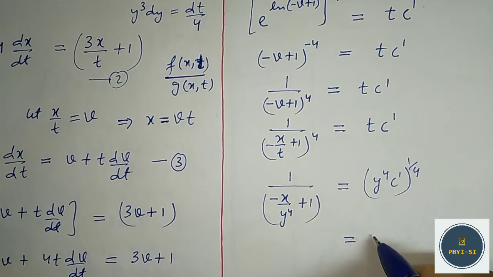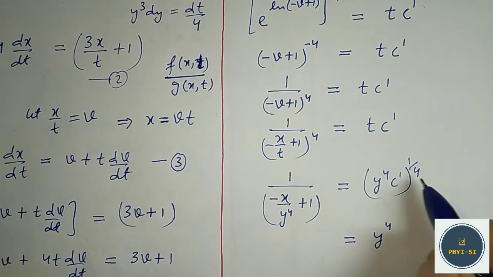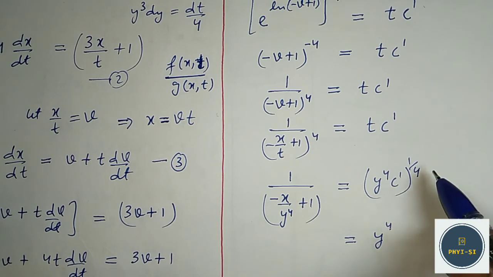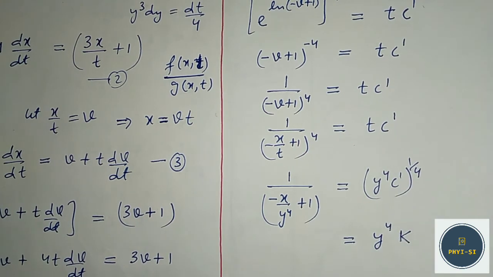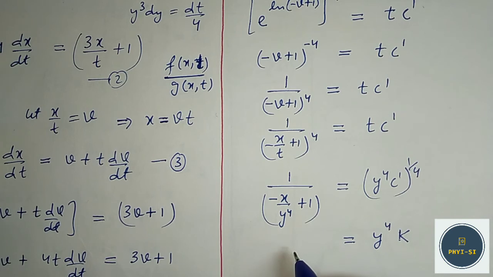So here we have y raised to power 4, and here is c dash raised to power 1 by 4, and I'll take it as another variable. Let's say k.